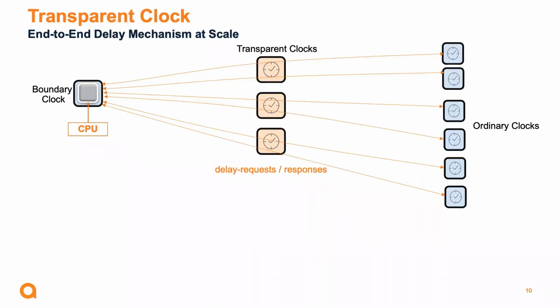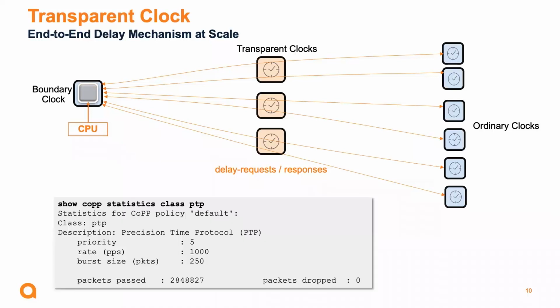You can look at what's going on there by looking at the COPP statistics for PTP in particular. You might find that as you add more and more ordinary clocks, the number of packet drops is not zero anymore.